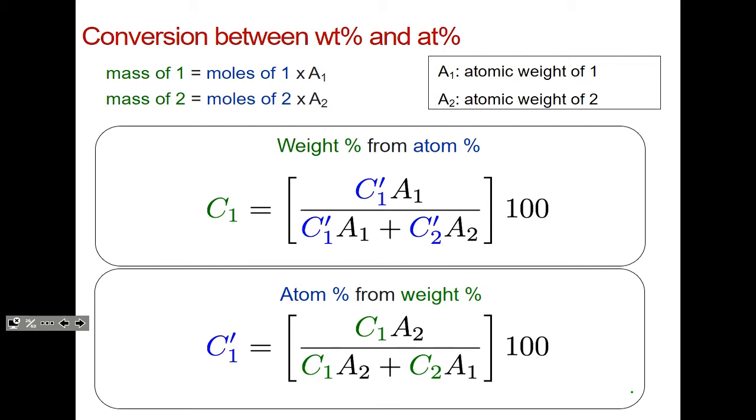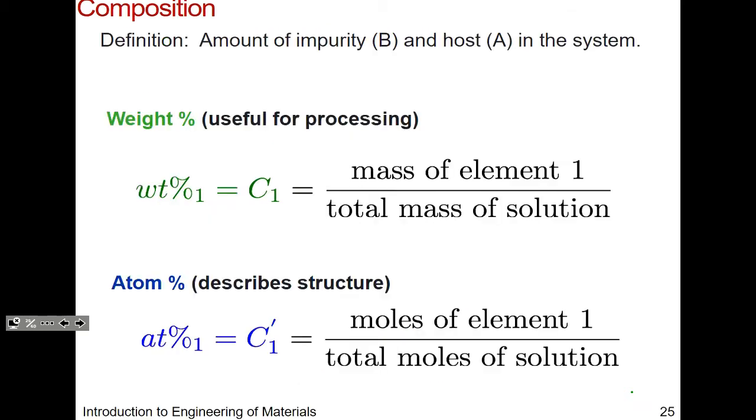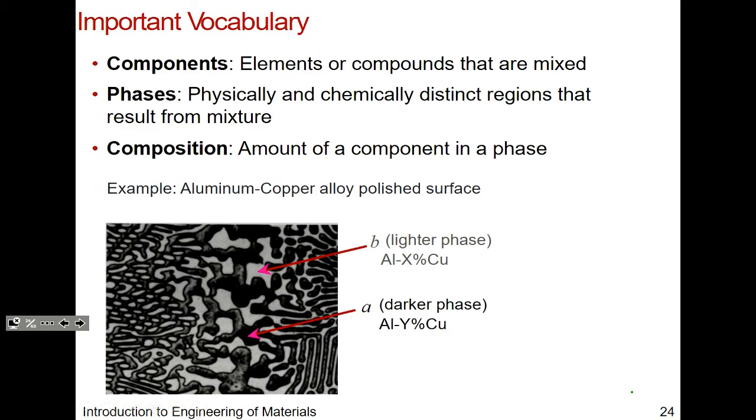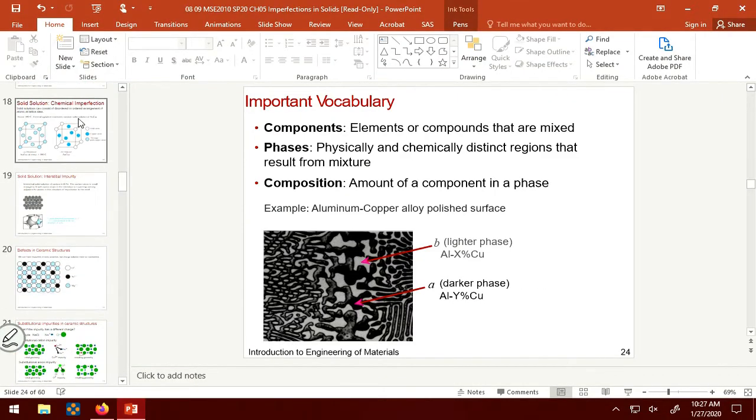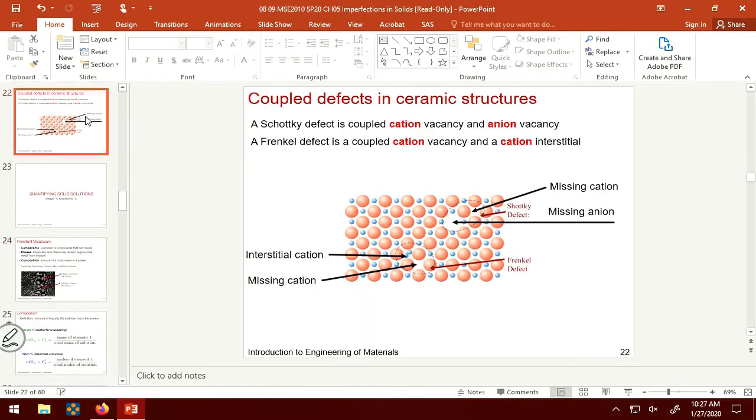So you always have a distribution. So we've already addressed weighted averages, and now we're going to extend that to talking about the molar mass, average densities, and that will wrap up our discussions on imperfections in solids. So let's get us there.